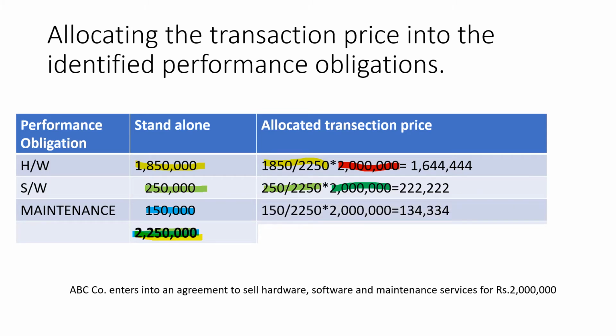So after taking the fraction of this value, we are going to multiply this with the total agreed price of 2 million. So it will give 134,334. So when we add them together, we can get the total agreed price of 2 million.